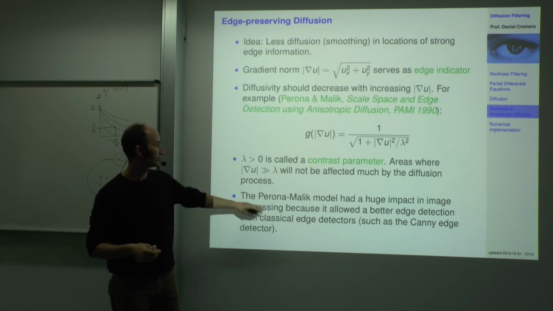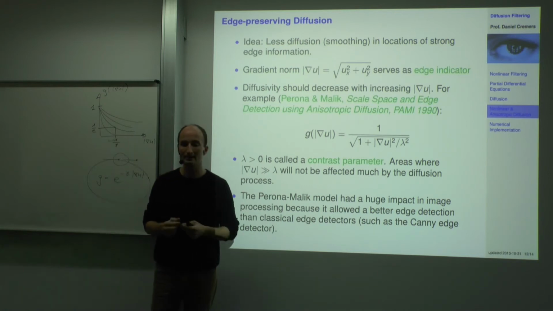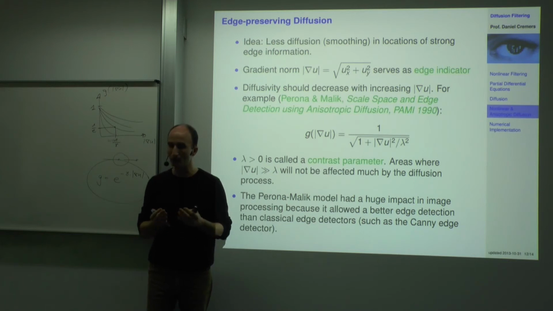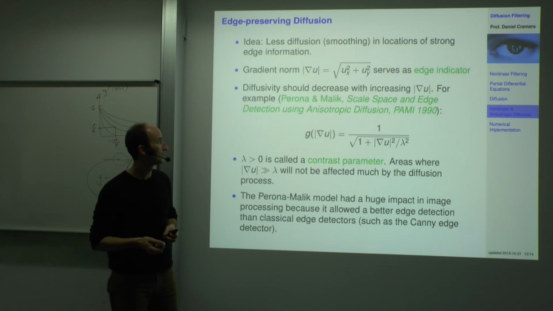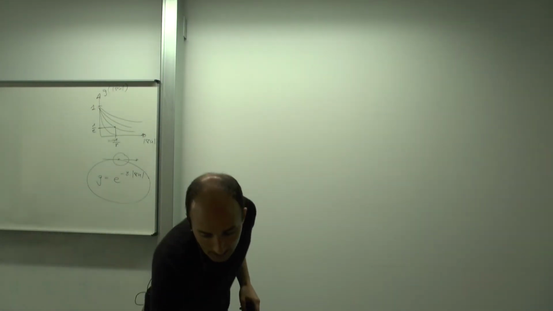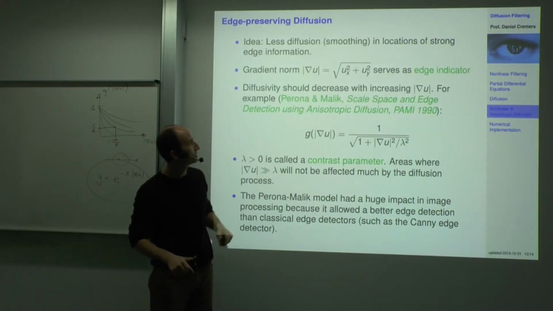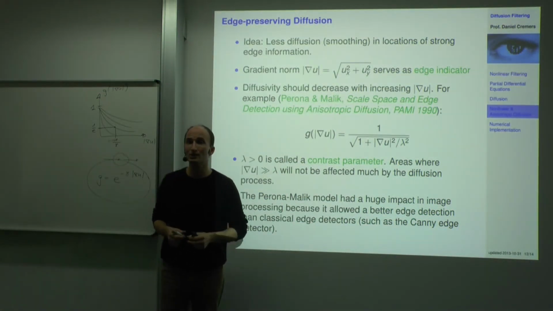As I said, the Perona-Malik model had a huge impact because, as you will see in a second, you can do something like edge detection. You can denoise the image and whatever remains are the edges. Maybe one question to the audience. The process that we see here is called scale space and edge detection using anisotropic diffusion.